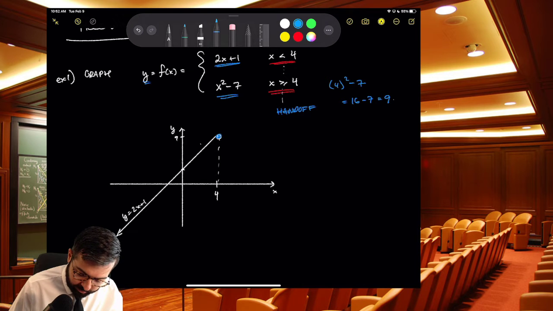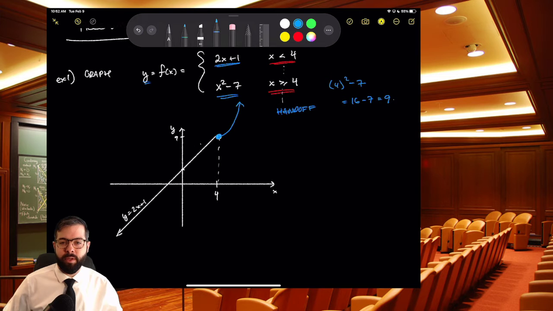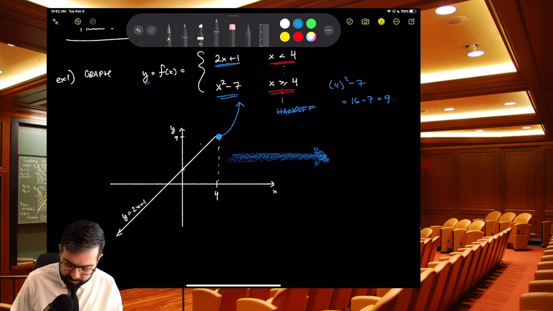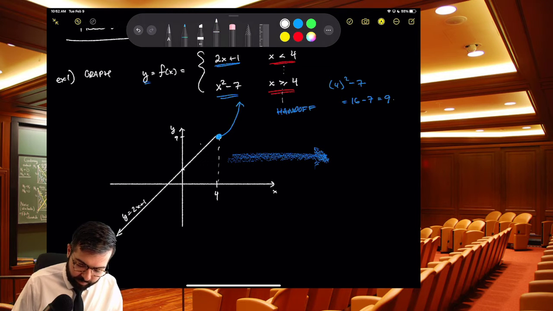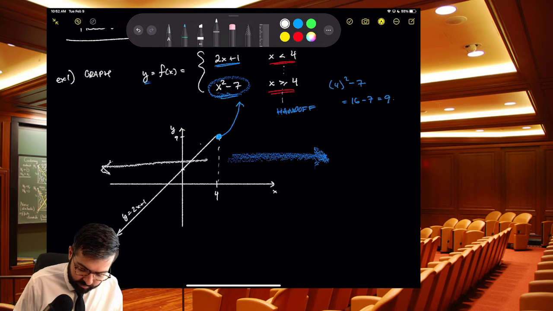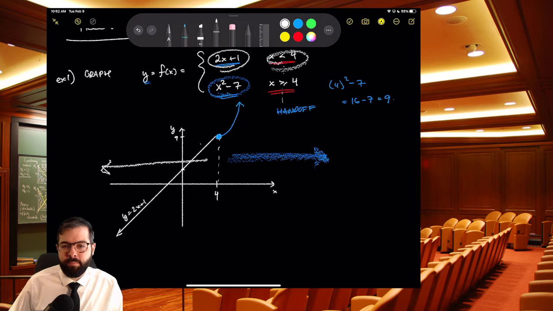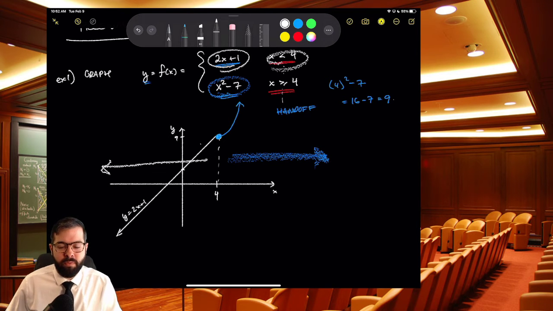So I built it so that it actually links up here and then carries on doing parabolic things. So over in this wing, it's the parabola, x squared minus 7. And over here on these x values, it's the line 2x plus 1. That's a rough, quick overview of what these things look like when we graph them.